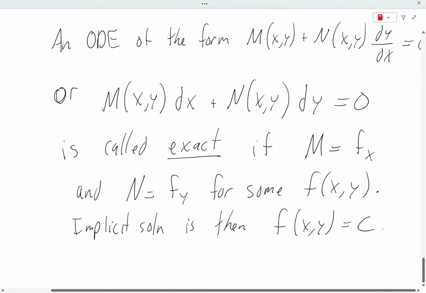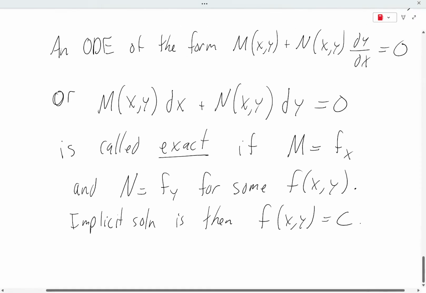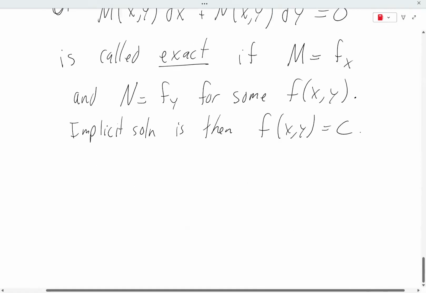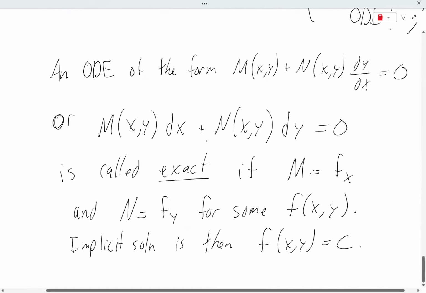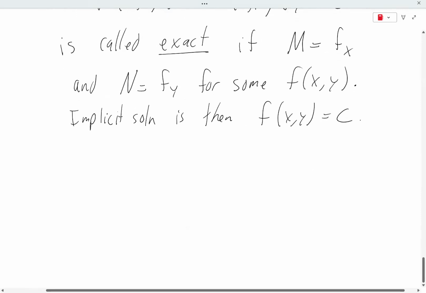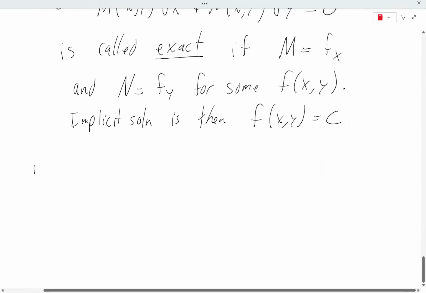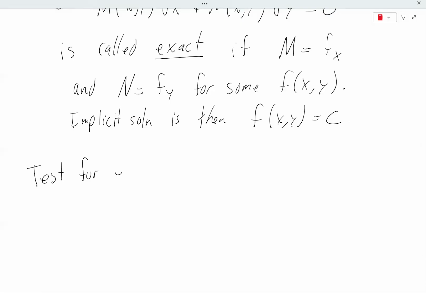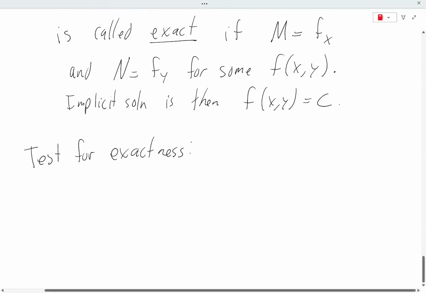Let's see. One thing we need here is to know whether it's exact or not. So there's actually a test for exactness. We'll try to get through maybe one problem here, and then that'll be about it. I remember we said that the second partial derivatives were equal to each other, the mixed seconds.